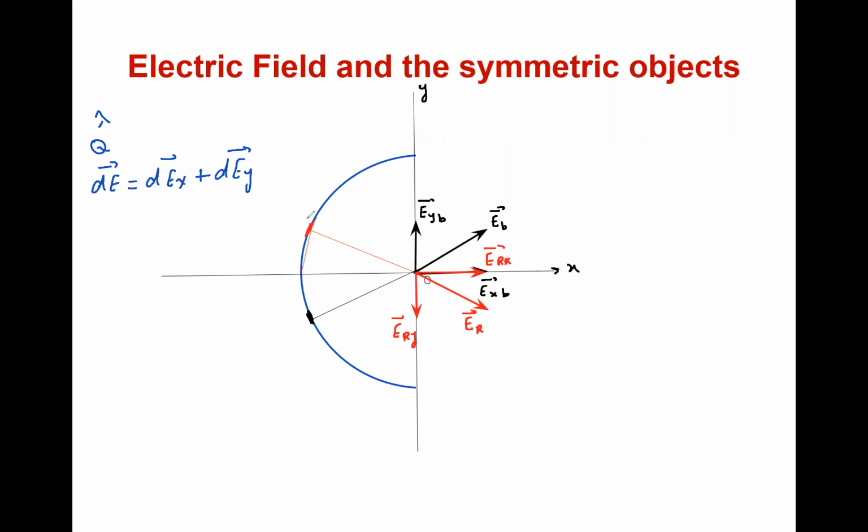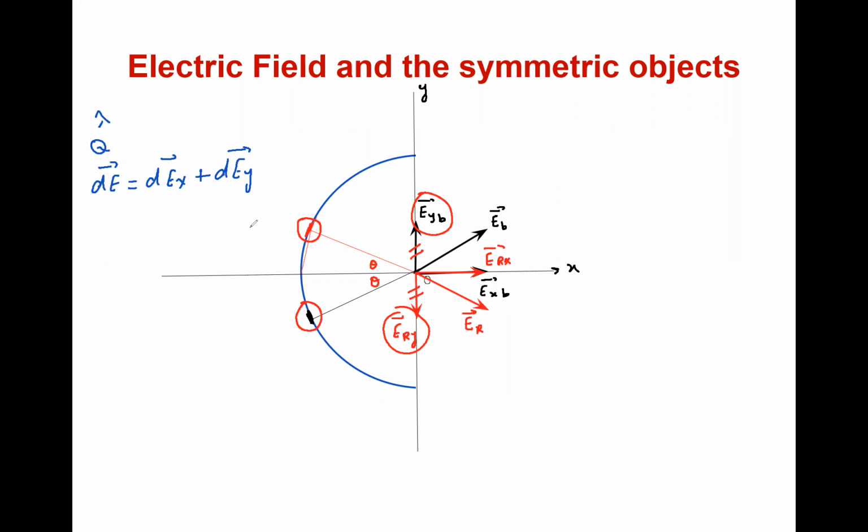As you see, the quantity of this charge is equal to the quantity of this charge, and the angle theta equals the angle theta. So you see here the y components, EY black and EY red, are equal as magnitude, but they have opposite directions. So the total must cancel.